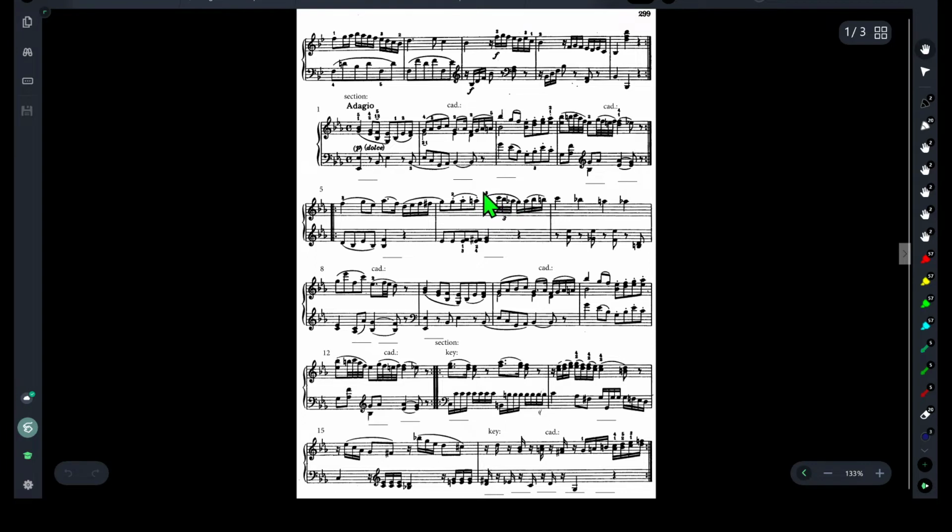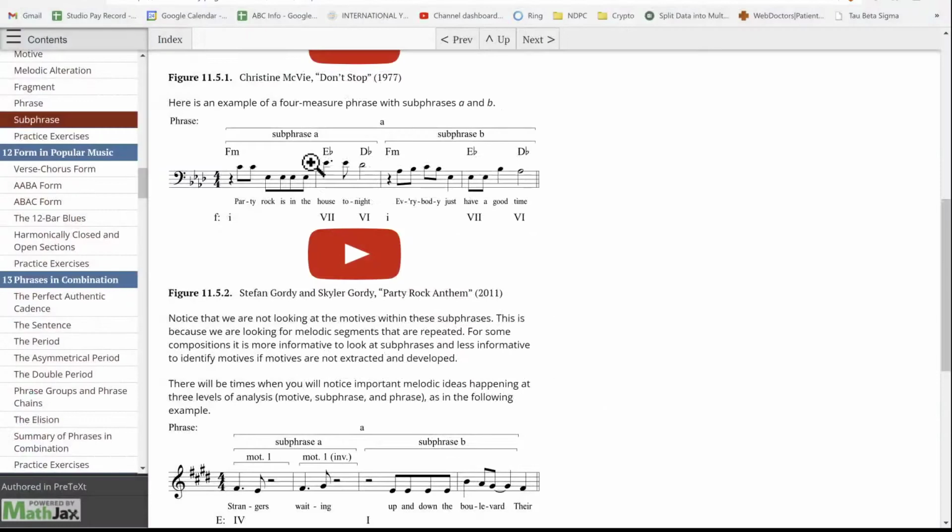And in this case, you can see there is no cadence marked here. So if you're following the indications here, you might say, I've got a subphrase to here and a second subphrase. And in this case, this would be subphrase A, and this would be subphrase B, because they are different, ending on the half cadence, and then together they form one longer phrase, right? So that's the concept of the subphrase. Hopefully that makes a little bit more sense to you now.